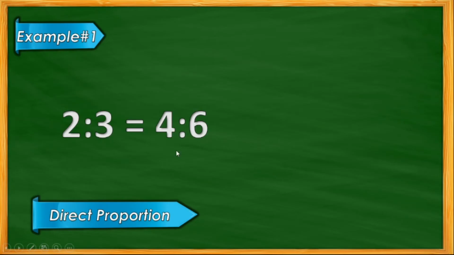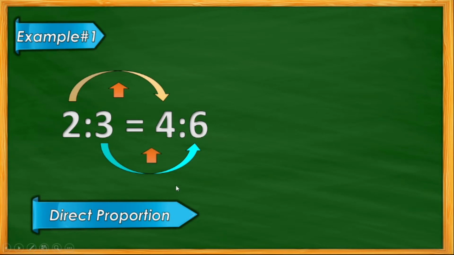Now let's proceed to example number 1. So this should be an example of a direct proportion. Why is this example a direct proportion? Because the first quantity increases, 2 becomes 4, and the second quantity, 3 becomes 6, also increases.